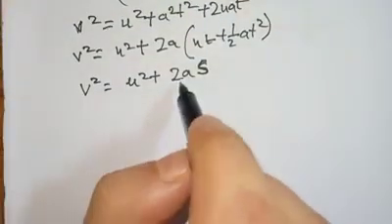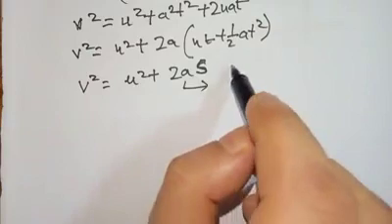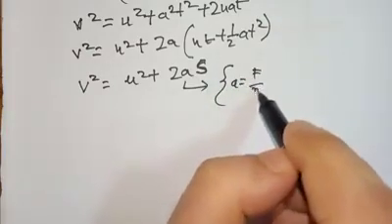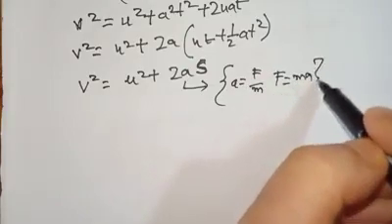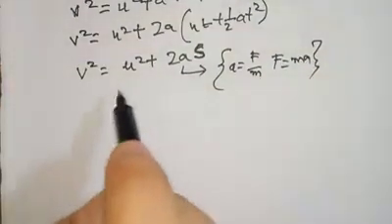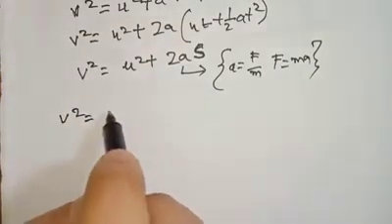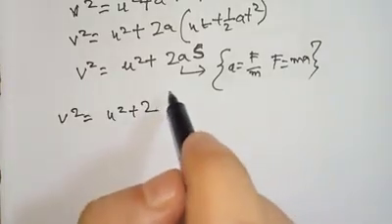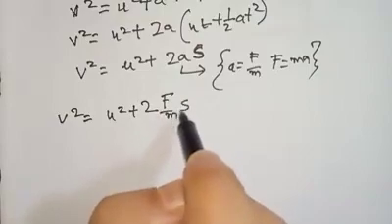Now if I take this a out from this equation, what is a? A is acceleration. And what is acceleration? Acceleration is equal to force by mass, right? It follows from the equation force equals ma. So v squared equals u squared plus 2as. From here we can further write v squared equals u squared plus 2, I substitute a as f by m, so we get f by m times s.